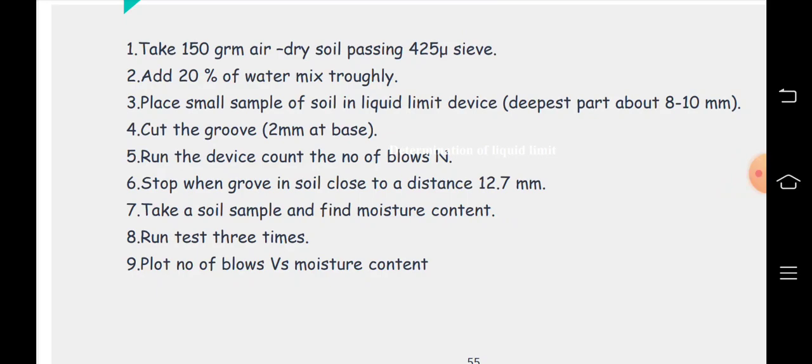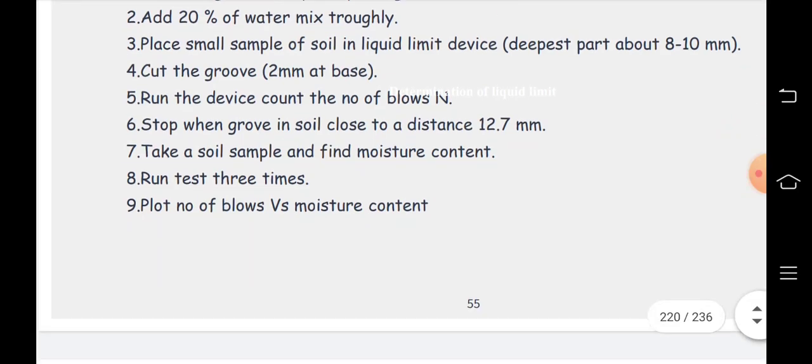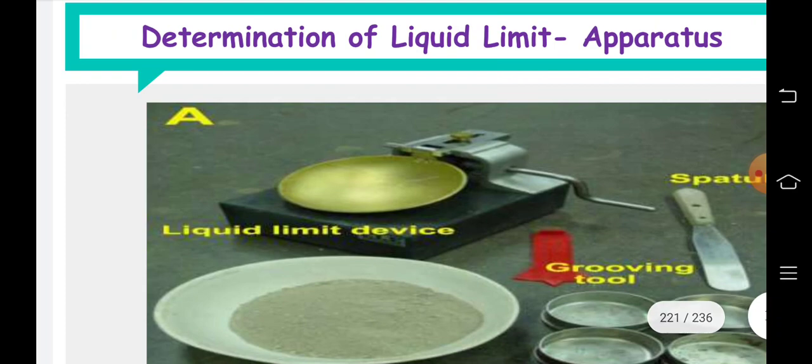Then add a little water to make a paste, the same kind of paste used for making a brush, or you can use 20% of water, mix it and make a paste. Then this paste is placed onto the cup. So the third step is to place it onto this cup.